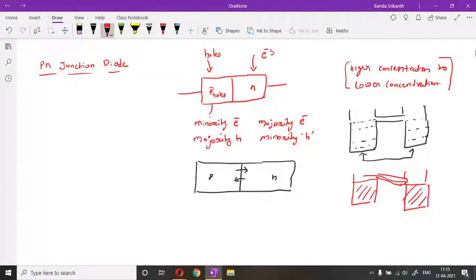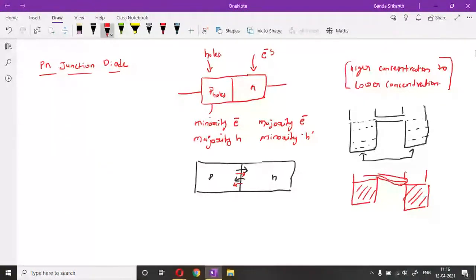Similarly, the majority of holes will travel from this side to this side and electrons will travel from this side to this side. How long will it flow? Until an equilibrium exists between the P side and N side.